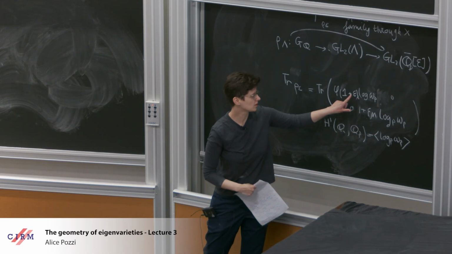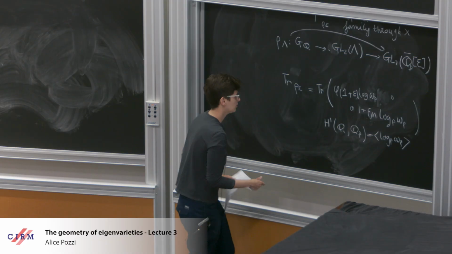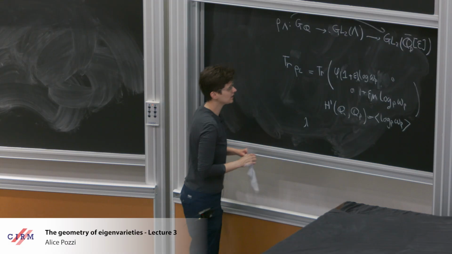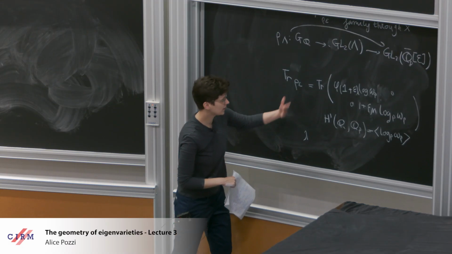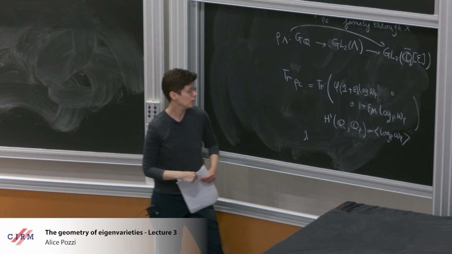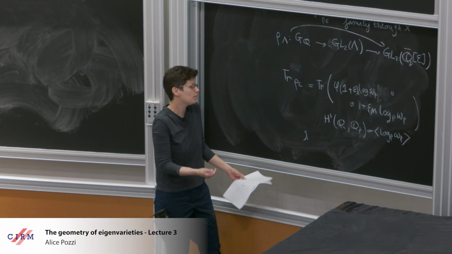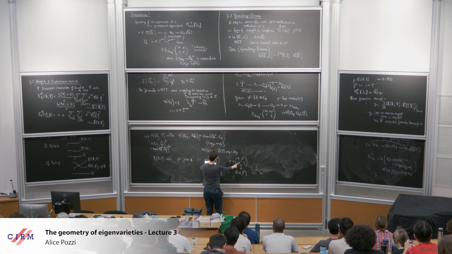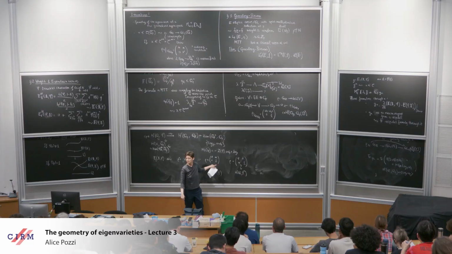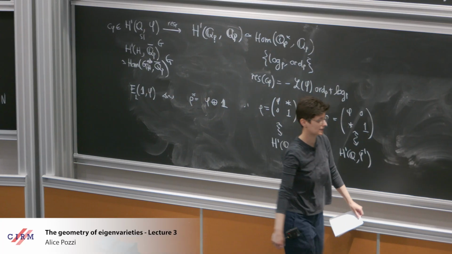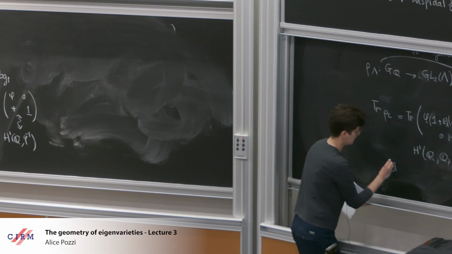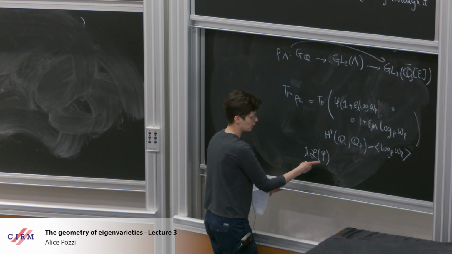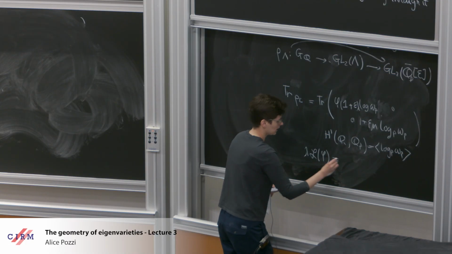What are the multiples, lambda and mu, that appear? Well, it turns out that similarly to what we had seen in the case of Greenberg and Stevens, these coefficients bear a relation with the cohomology classes that would appear here and here, that classify the non-split extensions, in the sense that there is a relation that can be written in terms of the L-invariants of the character phi and its inverse.